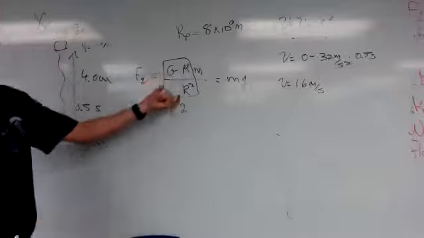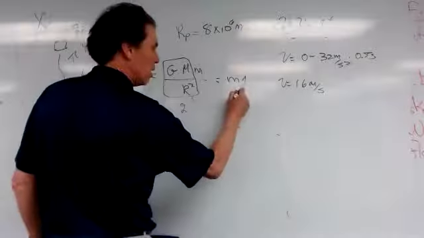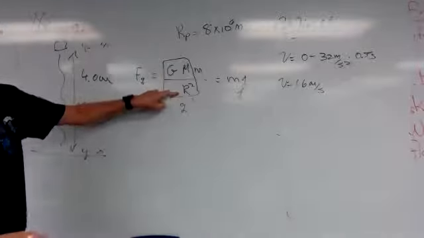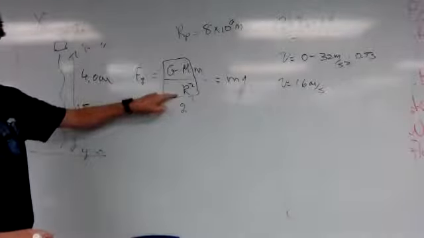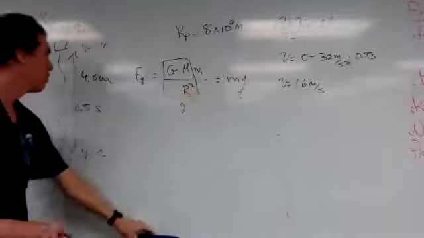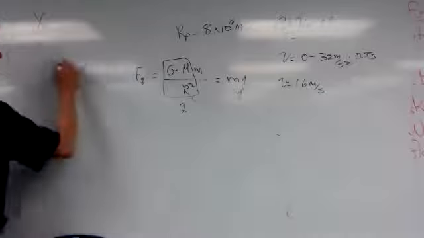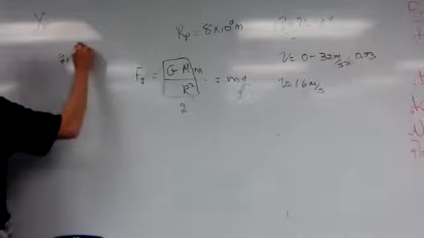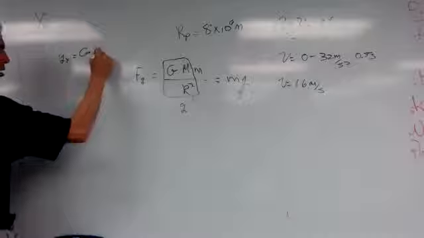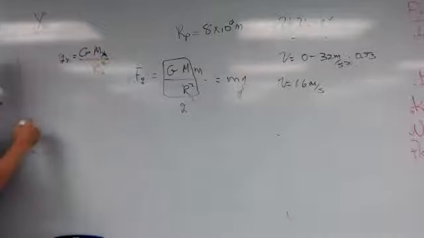Well, you can evaluate that for anything, right? And so this is your g on any planet. If you put the moon's mass in there and the moon's radius, or planet X's mass and planet X's radius, you would get g on any of those objects. And so if I come back over here and I say, well, g on planet X is equal to big G times the mass of planet X over the radius of planet X squared, right?